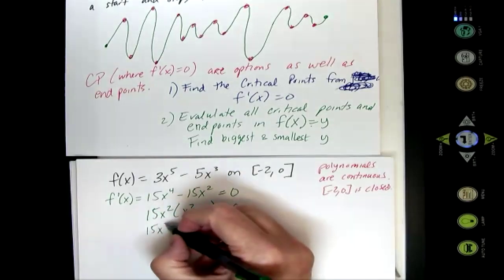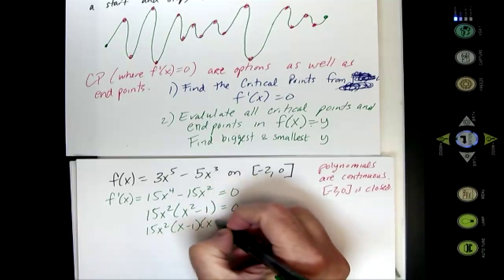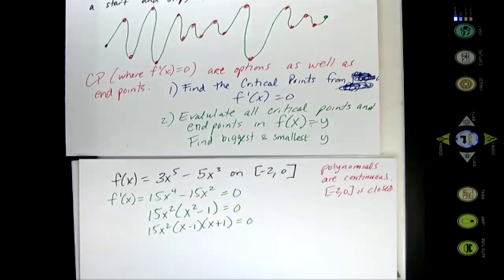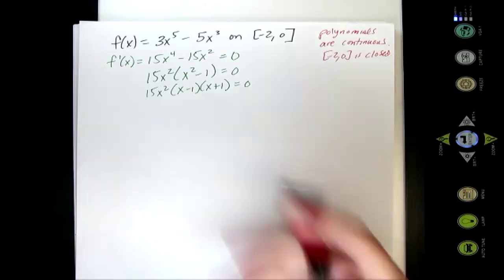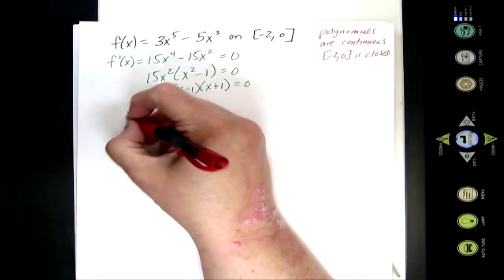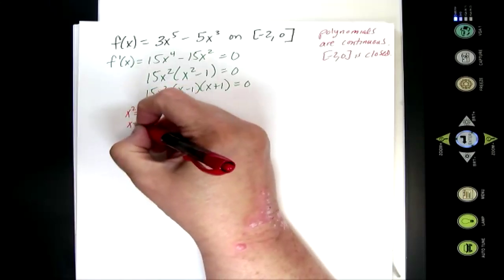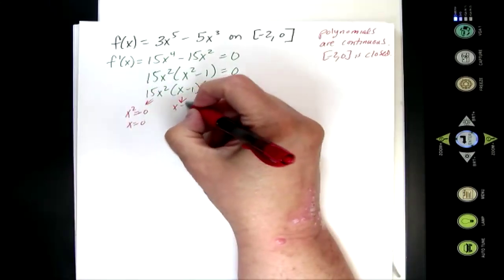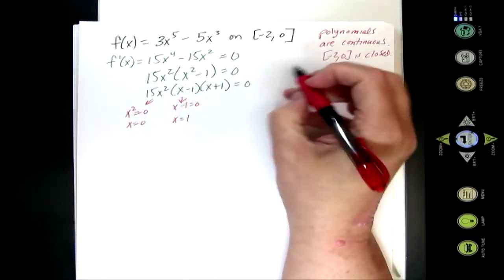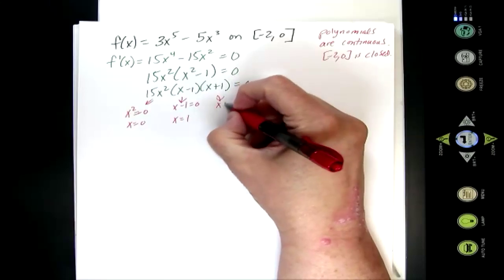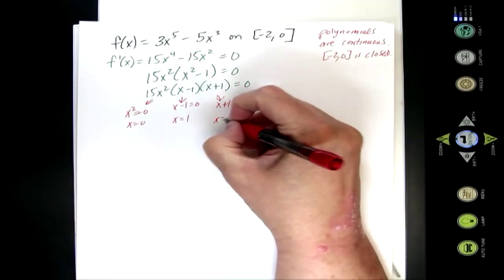And this is x minus 1 and x plus 1. So setting each equal to 0, x squared equals 0 gives us x equals 0 as an answer. x minus 1 equals 0, so x equals 1 is an answer. And x plus 1 equals 0 says that x equals -1 is an answer.